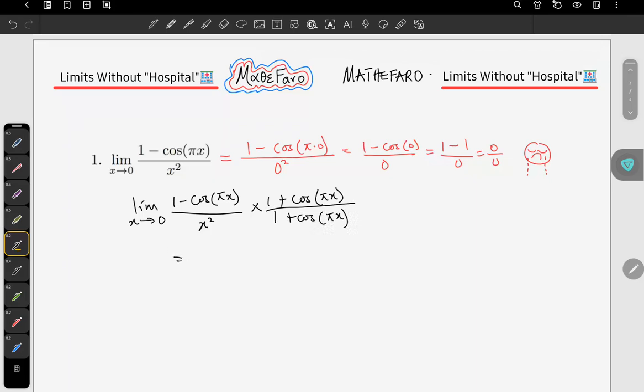This gives us the limit as x tends to 0 of the numerator, which is a difference of 2 squares. So this is going to be 1 squared minus cos squared of pi x all over x squared into bracket 1 plus cosine of pi x.